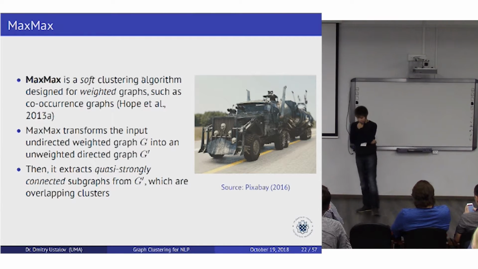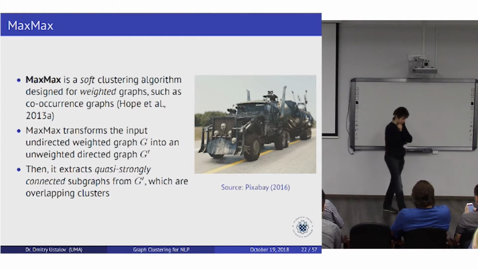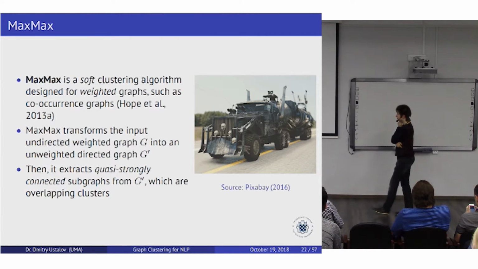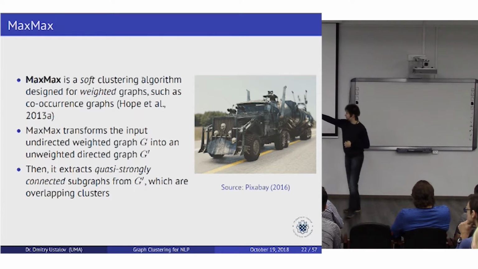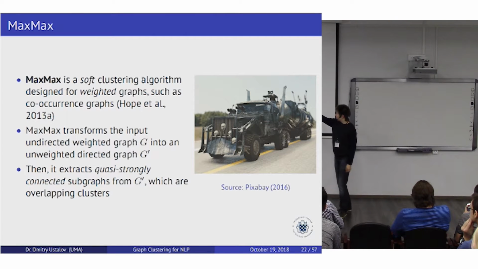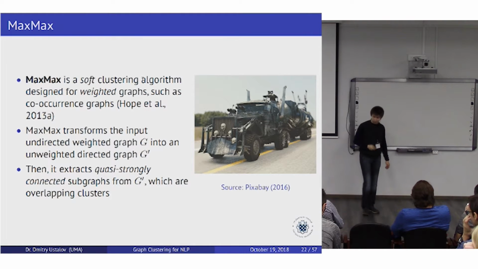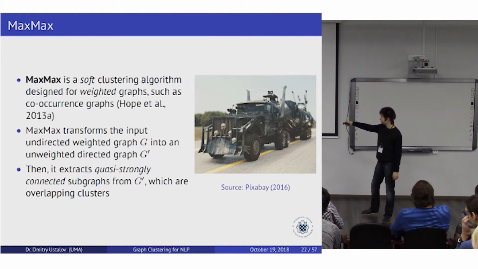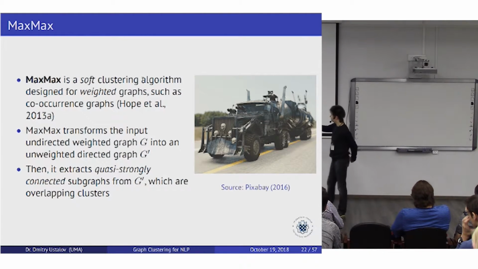It works differently to Chinese whispers and Markov clustering, because it transforms the input graph, which must be weighted, into an unweighted directed graph. This directed graph, G prime, is a representation, and by definition, it's called quasi-strongly connected.